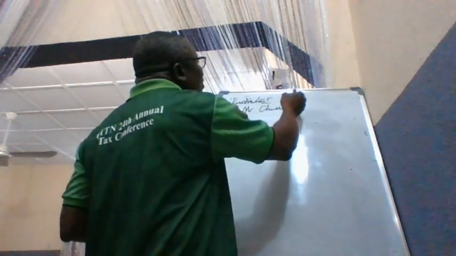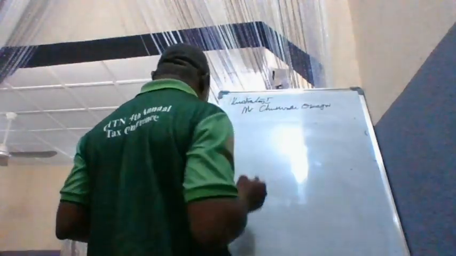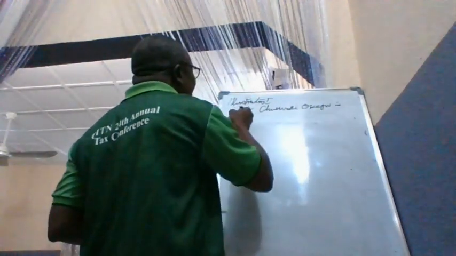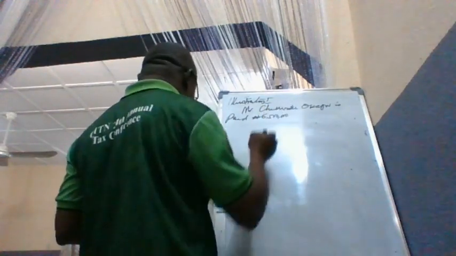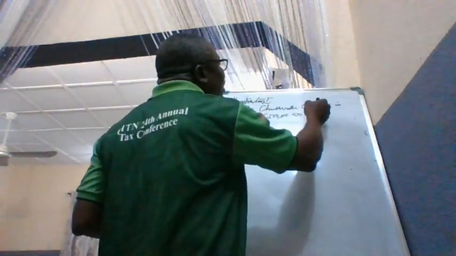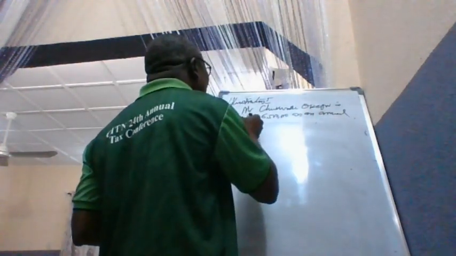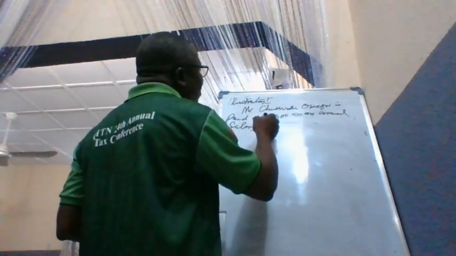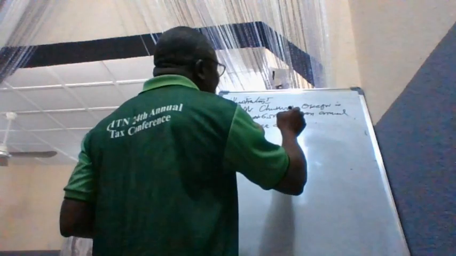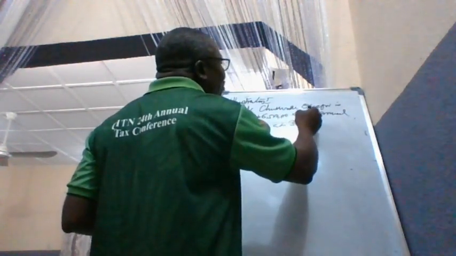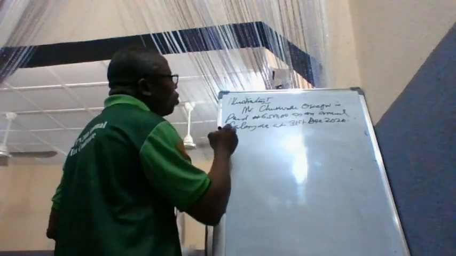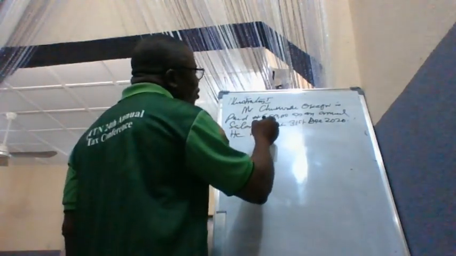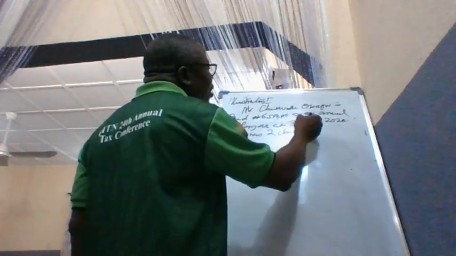Mr. Chukwudi Okafor is paid 6.5 million as an annual salary as at 31st December 2020. Chukwudi has 2 children in school.